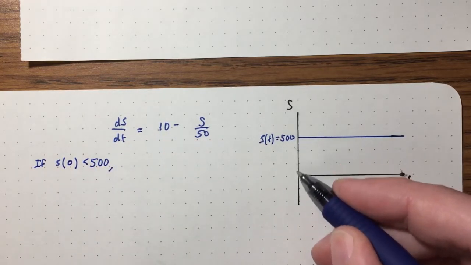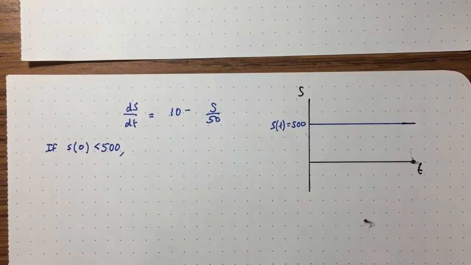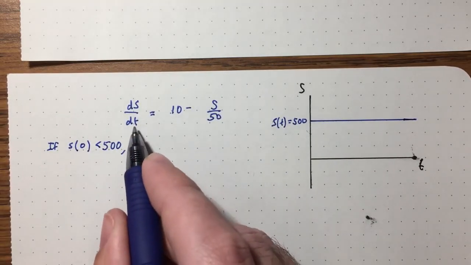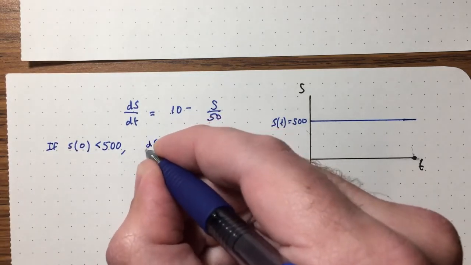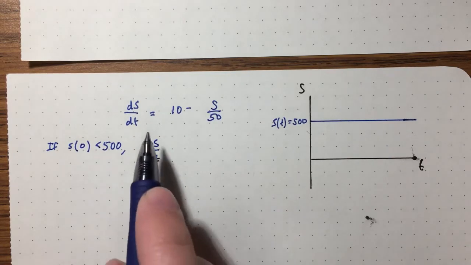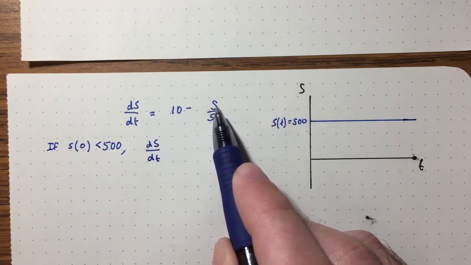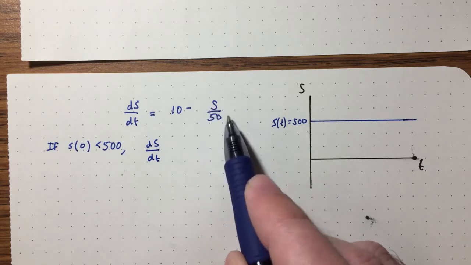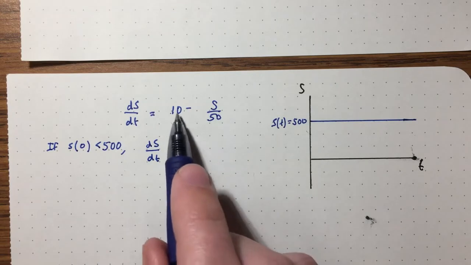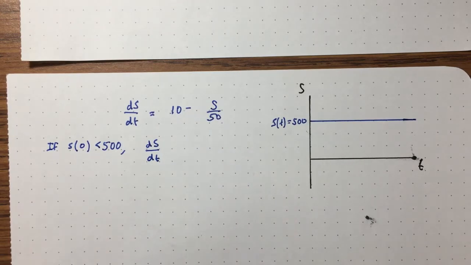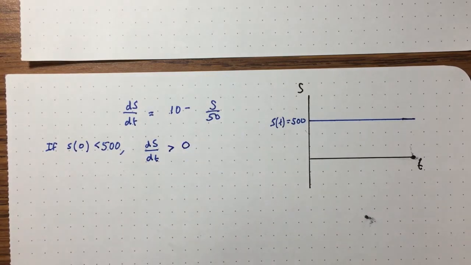So we're down here somewhere. We have less than 500 grams of salt already dissolved in the tank. Then what can we say about dS/dt? Imagine S is some number less than 500. Then S over 50 is going to be less than 10, and 10 minus a number less than 10 is going to be positive. So dS/dt is going to be greater than 0.